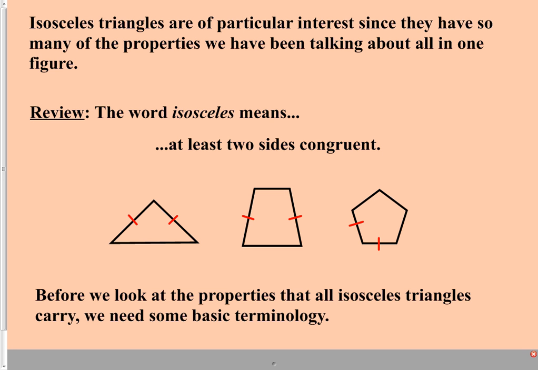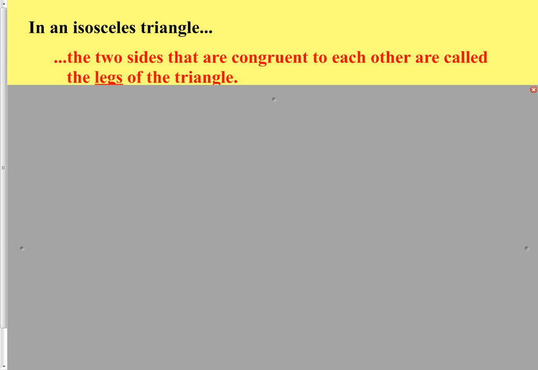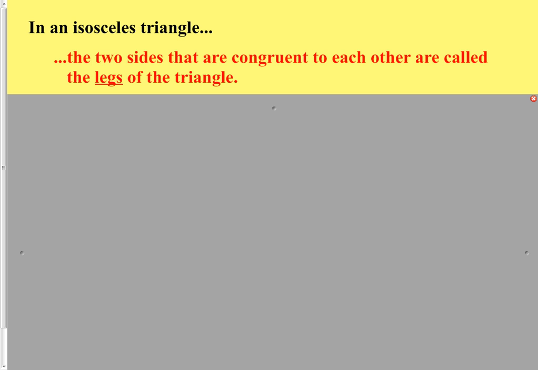Now, before we look at the properties that all isosceles triangles carry, we're going to need some basic vocabulary for the structure of our triangles. Let's take a look at some new terms that you may or may not be familiar with. In an isosceles triangle, we have, of course, three sides. The two sides that are congruent to each other are what we refer to as the legs of the triangle.